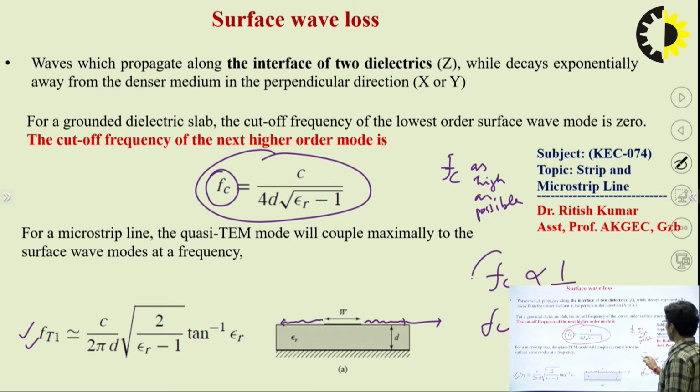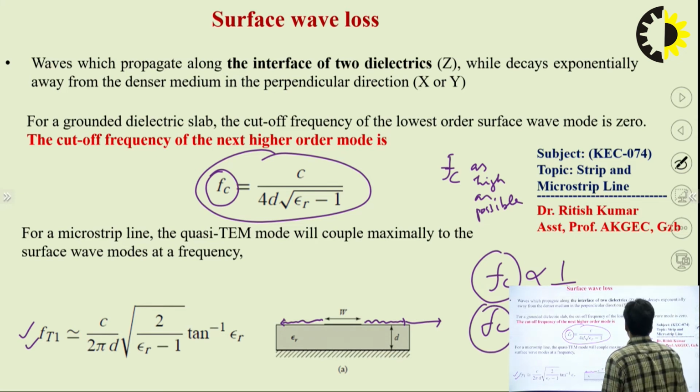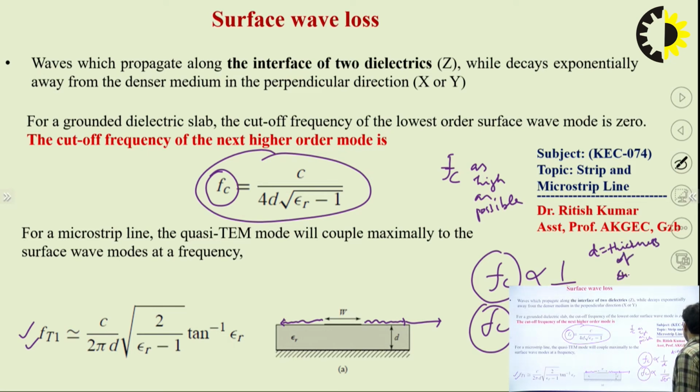To have a higher order mode cutoff frequency of surface wave, the thickness of the substrate, D, should be as low as possible, so that the cutoff frequency of the higher order mode will increase.